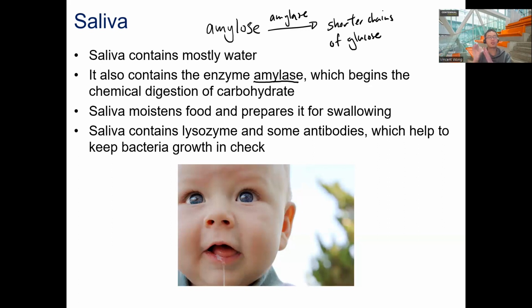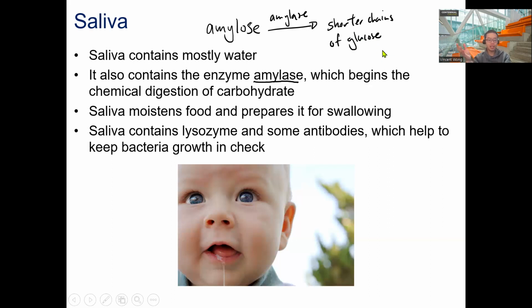So try to pay attention to where things are initially broken down. The amylase will break down the amylose, the carbohydrates, the starch found in things like pasta and rice, and turn them into shorter chains of glucose or even individual glucose.